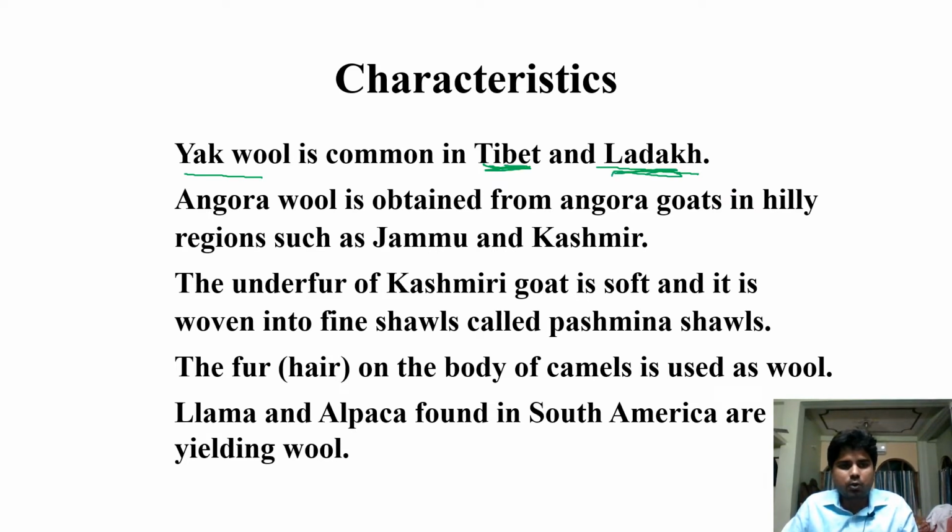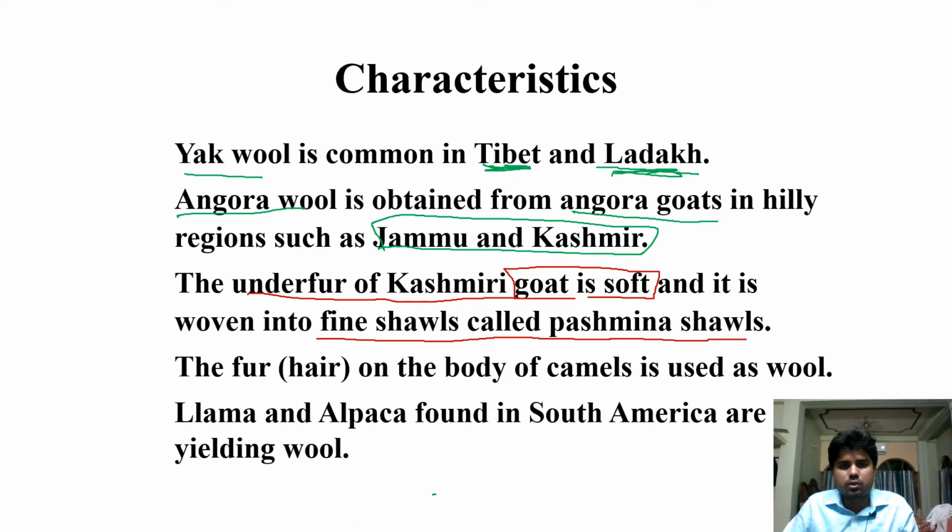Angora wool is obtained from angora goats in the hilly region of Jammu and Kashmir. The underfur of the Kashmiri goat is soft and is woven into fine shawls called pashmina shawls. The fur of the body of the camel is used as wool.